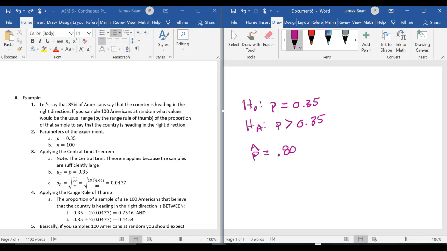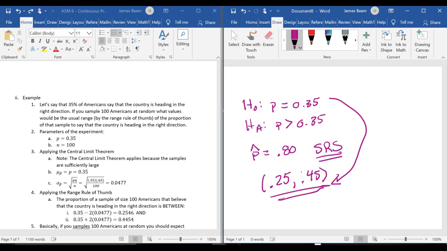And this sample was a simple random sample of the population. So I should be between 0.25 and 0.45, and it's not.